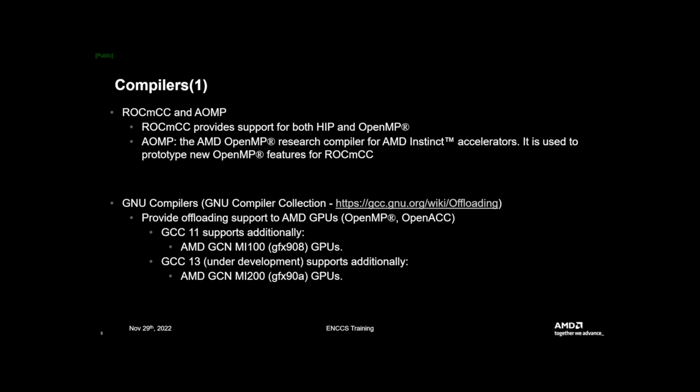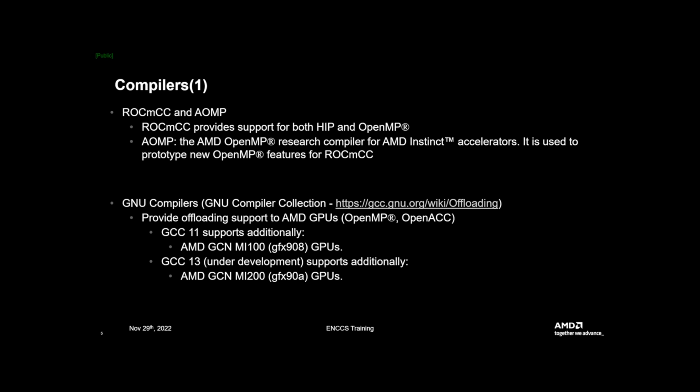So basically, the compiler is ROCm, but if you want to test a new feature that is not released yet, you can still use AOMP itself and test the new feature. When the new feature is validated and ready to be broadly used, these features are then integrated in ROCm itself. So that is why we have ROCm-CC and AOMP.